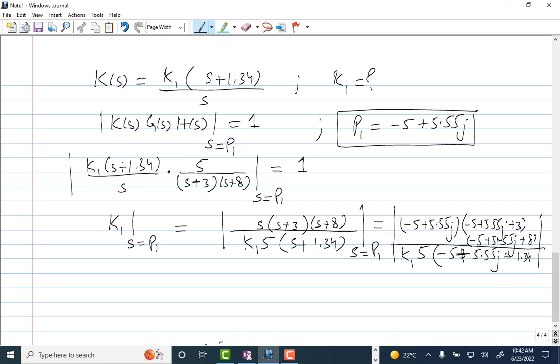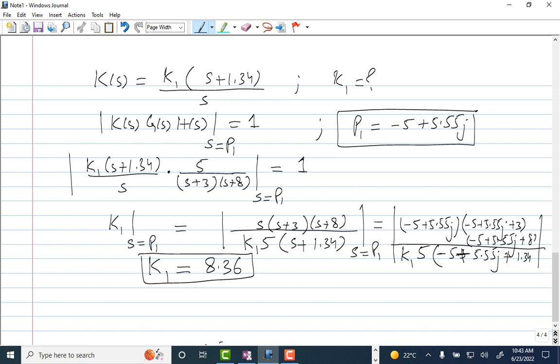As you know, to take the magnitude you have to square the real part and the imaginary part. When you do that, you come up with a value of k1 equal to 8.36 after doing all the calculations.